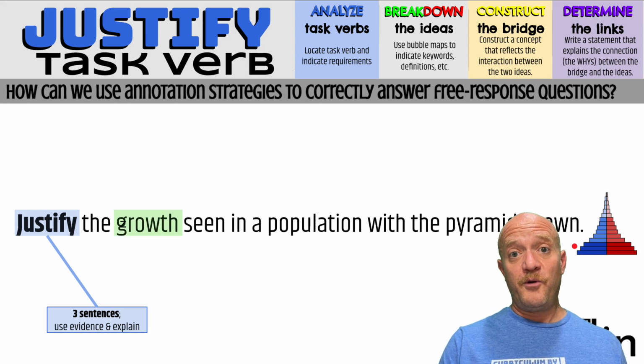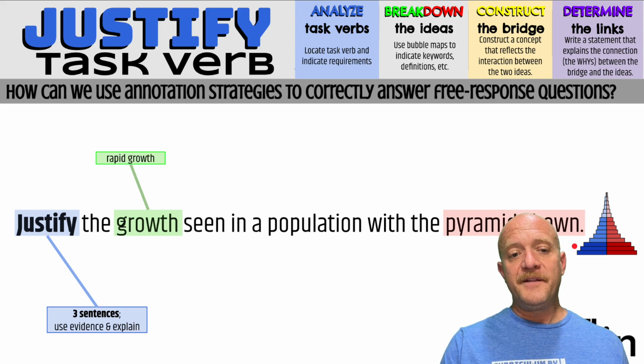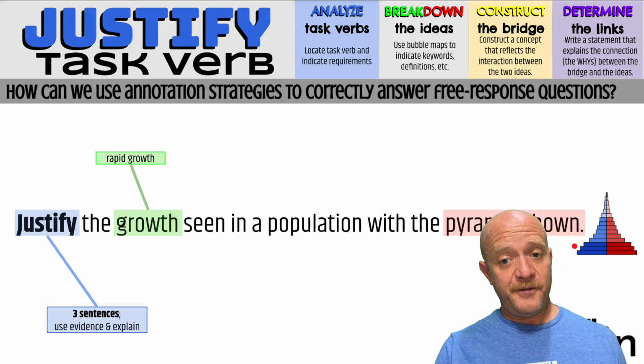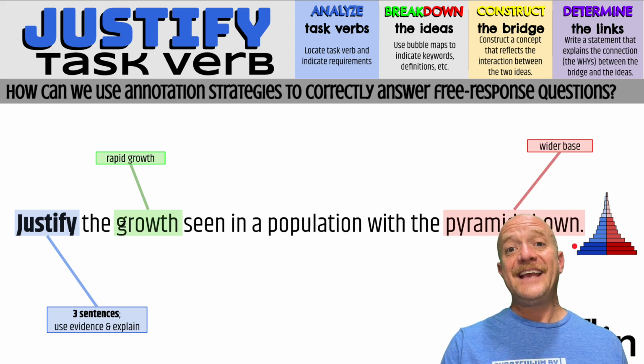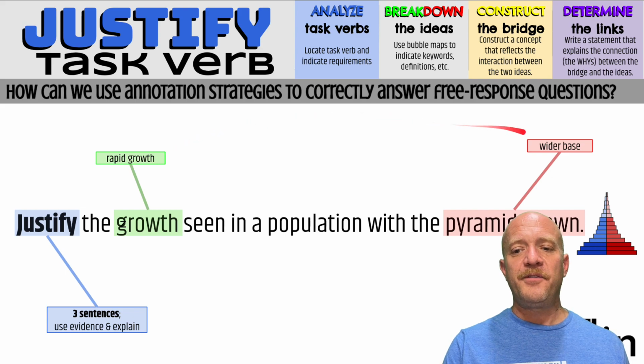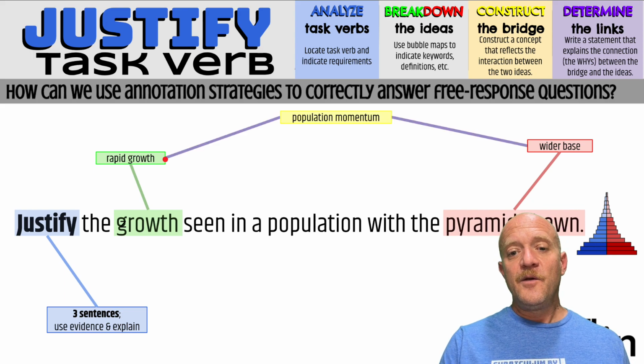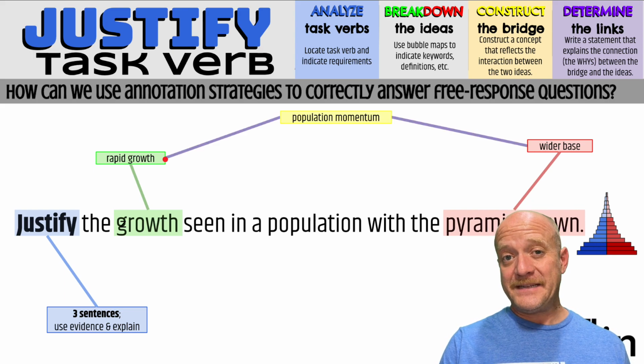Now we have the growth, and we have the pyramid that is shown. I've already gone over a little bit about the pyramid, but this shows rapid growth. The pyramid shown has a wider base. Now, with rapid growth and a wider base, what is the connection between those? Let's construct our bridge. We are going to see population momentum.